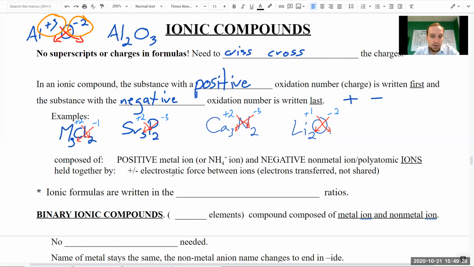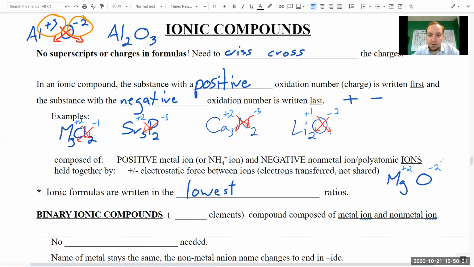Okay, so ionic formulas are written basically in the lowest whole number ratio. So what I mean by that is, let's say we have magnesium and oxygen, magnesium oxide. Now the charges for magnesium oxide, Mg is +2, O is -2.